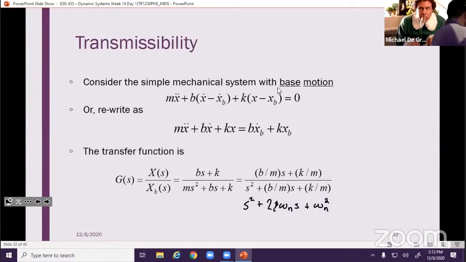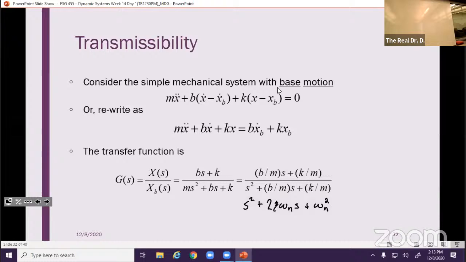Find our transfer function, and there it is. Then we rewrite it in standard form. So far, this is just stuff that we've done before. So what makes it different?